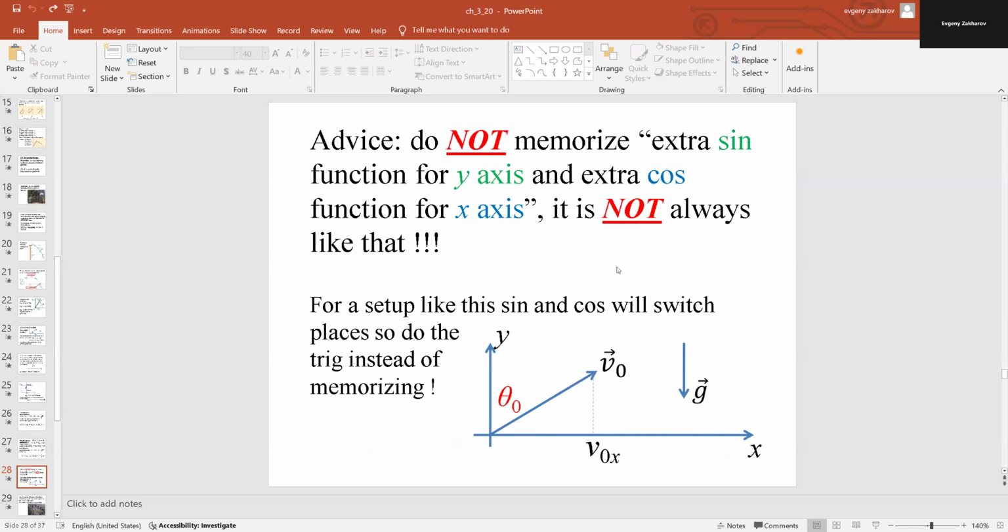So it's not always cosine for x and sine for y. It's really not even close to be the general case. It just turns out to be that way if you choose the same coordinate system as I did for the previous problem and proceed with this reference angle.